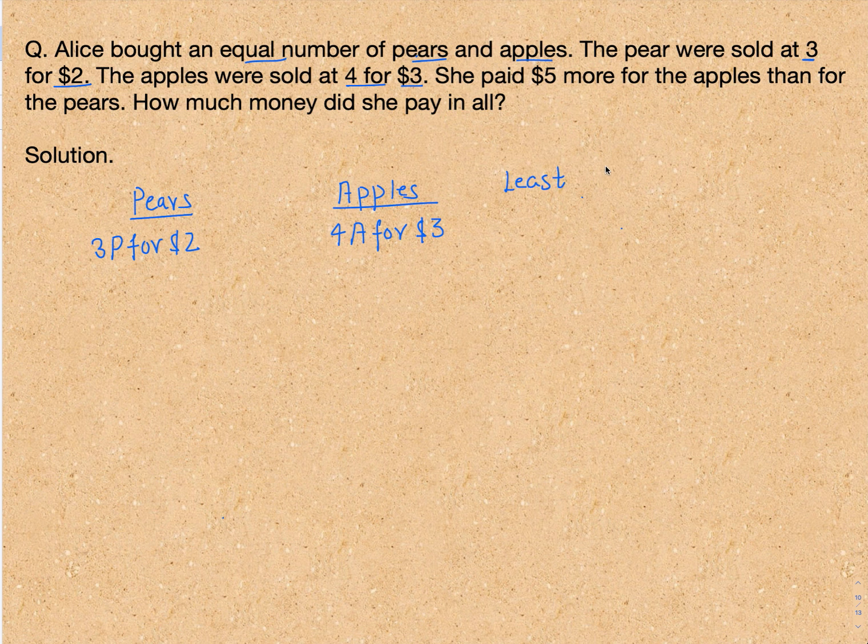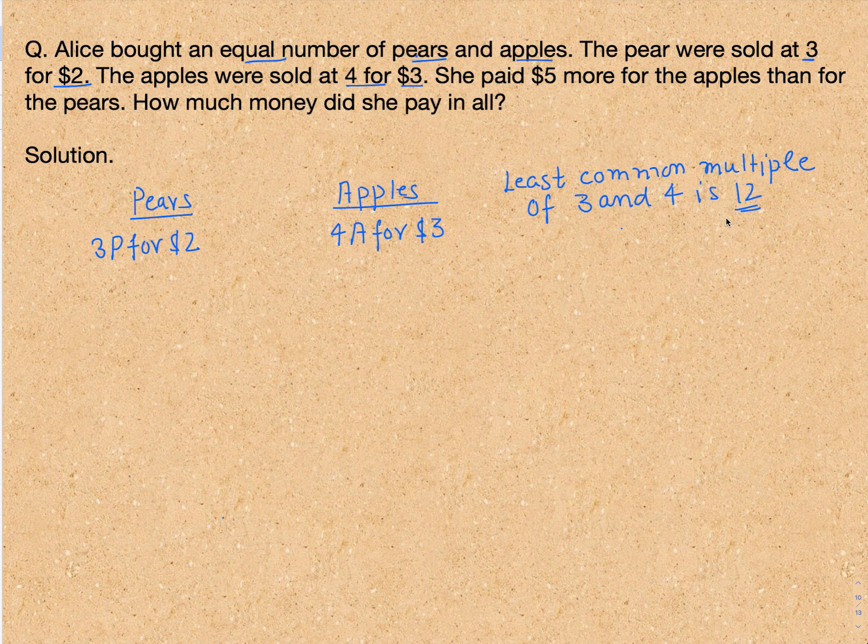I think we have done this in primary 4, right? Any answers? Yes, it's 12. So the least common multiple of 3 and 4 is 12.